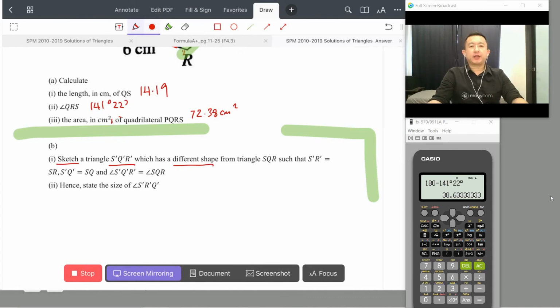From here to here, this indicates this is an ambiguous case. You have to sketch a new shape with certain requirements, and hence, followed by calculating the angle.